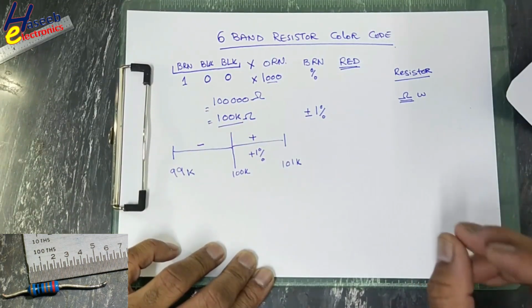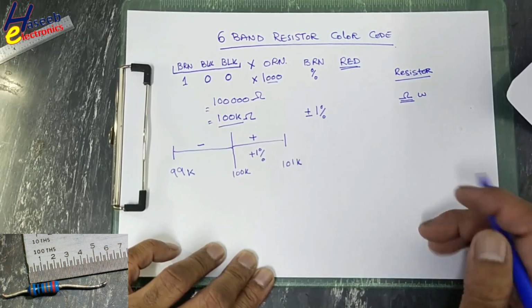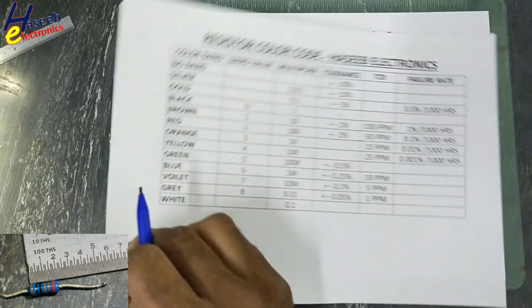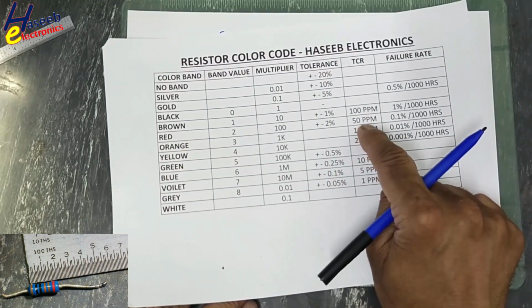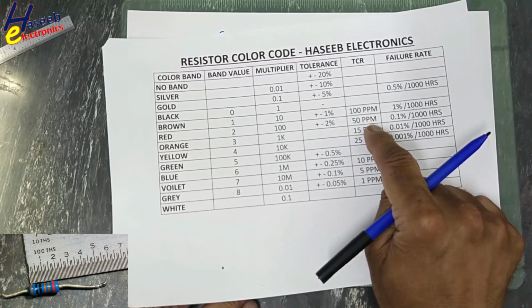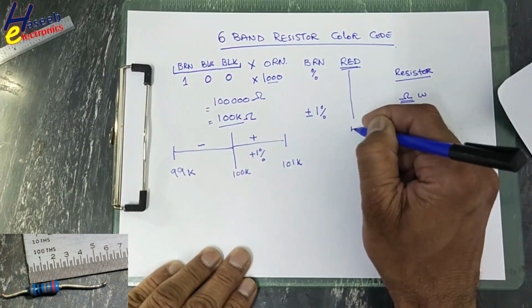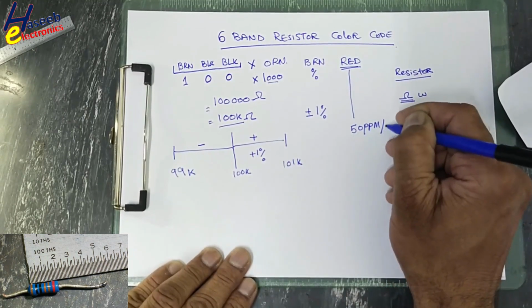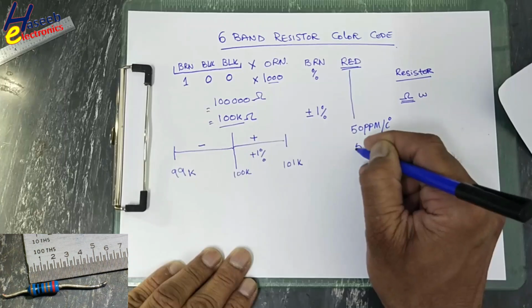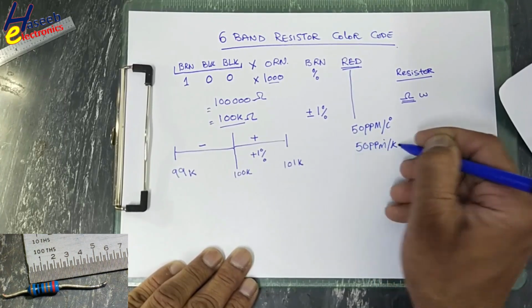If we are discussing a commercial EIA standard resistor, this red is TCR, 50 ppm per degree Celsius or 50 ppm per Kelvin.